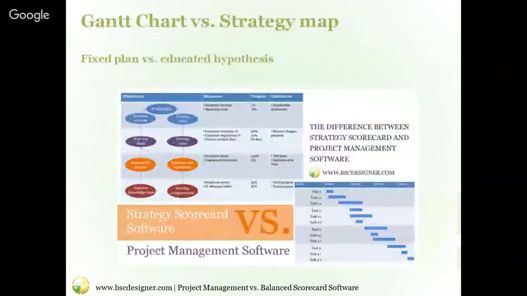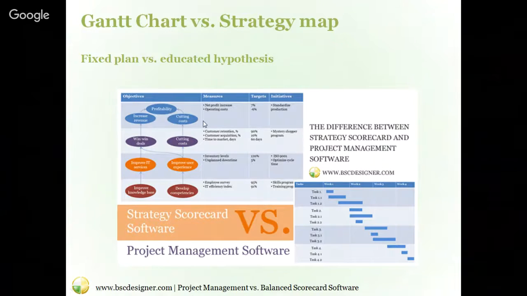So let's start with the first question, which is the visualization tool that we use for project management software and for Balance Scorecard software. In project management, we have this Gantt chart where we visualize the goals, we show how they are connected to each other, and we also have some time frame.